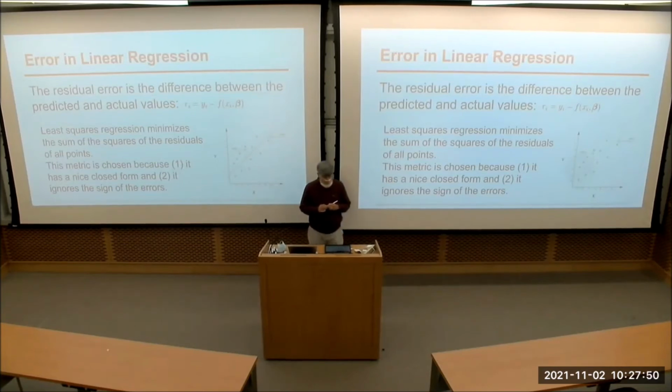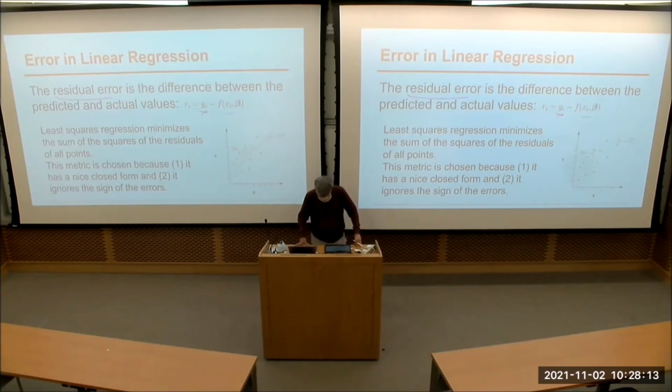So, how do we measure error in linear regression? We say that the residual error between a data value and the fitted line is simply the value that we're trying to predict minus our prediction.